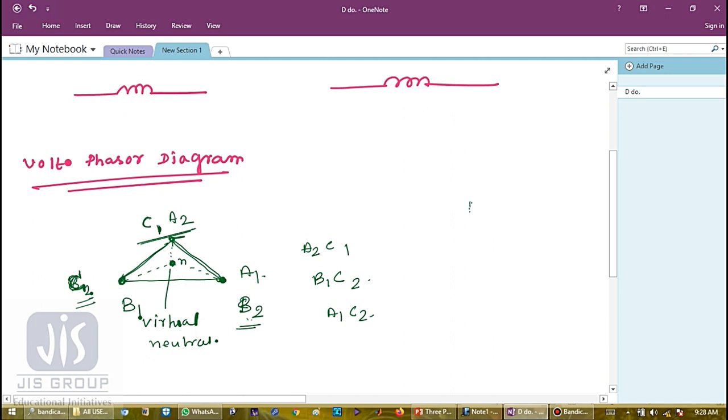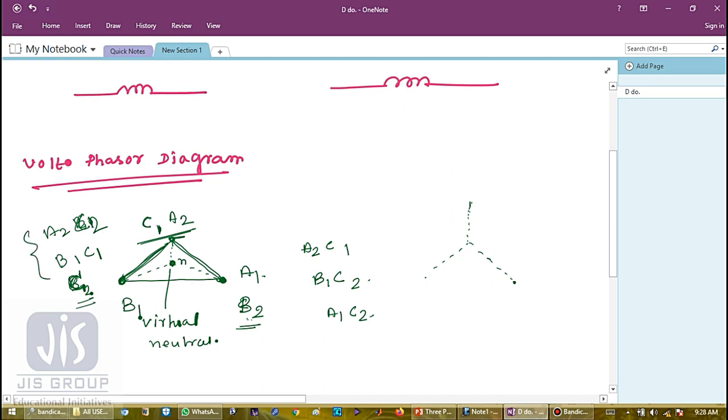So let me draw the equivalent star for secondary. Okay. So this is my line voltage for delta, that is my A2 B1, A2 C2, and B1 C1 or A2 C2, both are same.